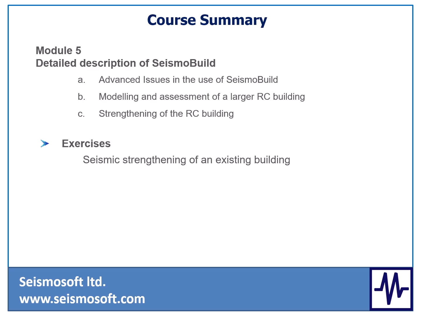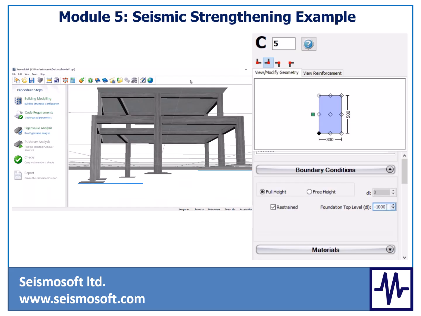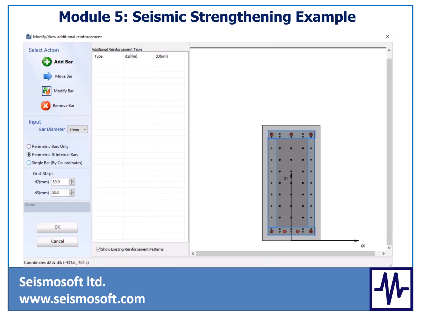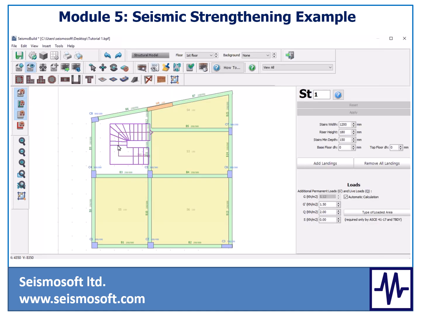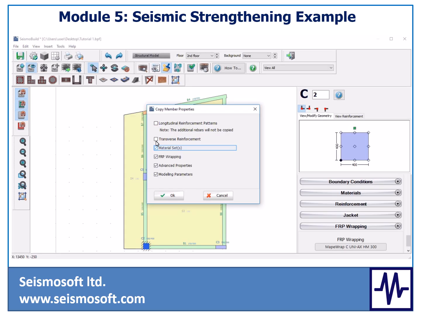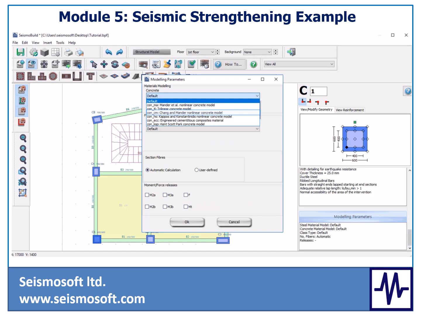Amongst other things, what will be discussed is the introduction of different foundation levels, how to insert additional longitudinal rebars, how to define inclined beams and slabs, how to define stairs, the multiple edit and the copy properties functions, and the advanced member properties and the modeling parameters.